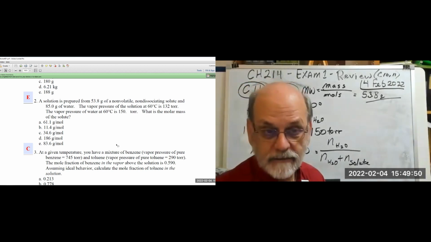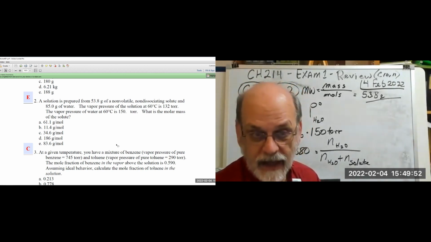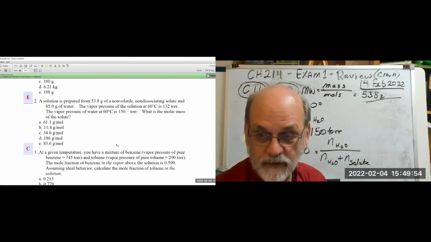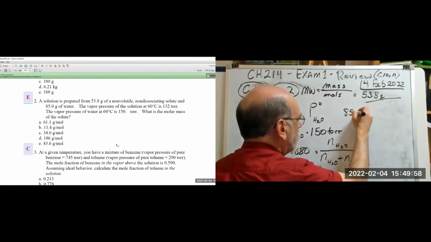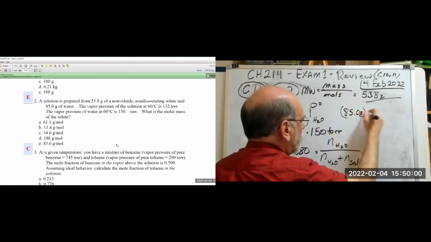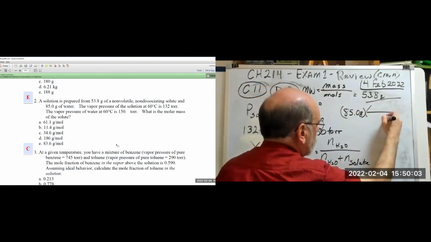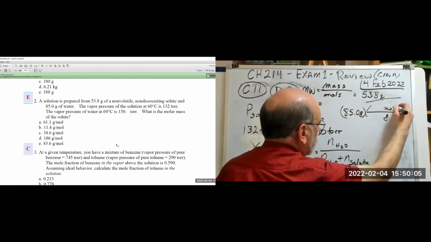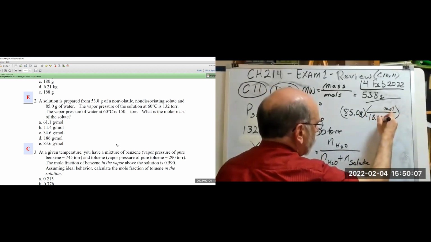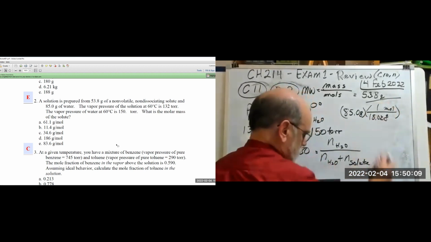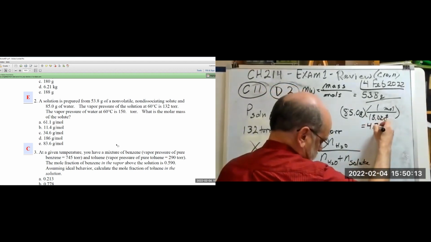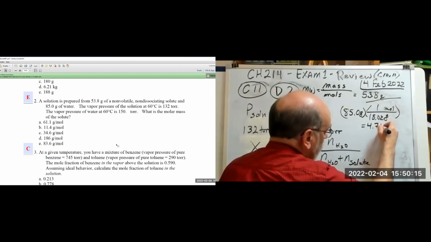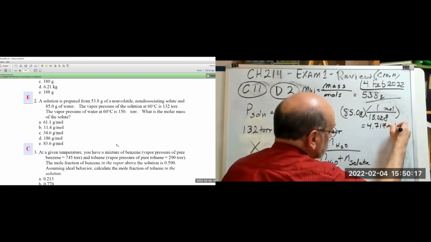We can calculate it. 85 grams of water is equal to 4.717 moles of water.